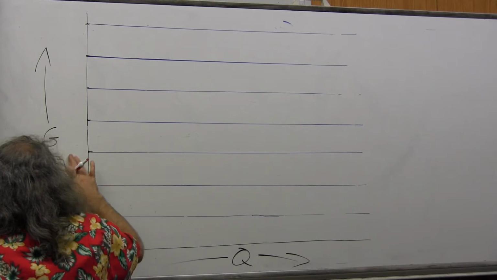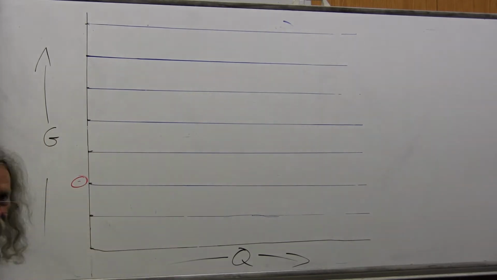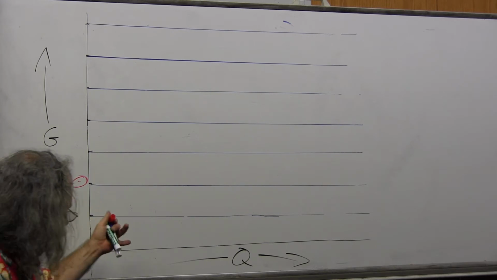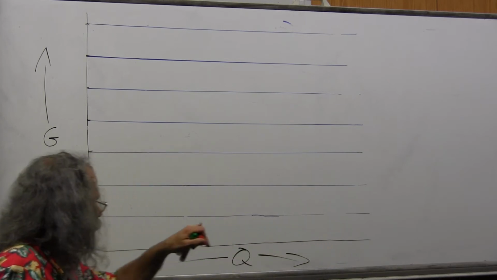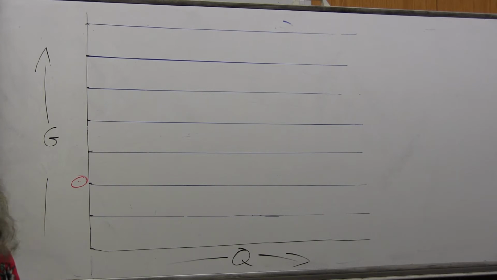This isn't going to work. So this is going to be my 0, and oddly enough, my last well is going to be down here at the bottom. So I don't have enough lines here on this one. You will have enough lines on the one on the test.